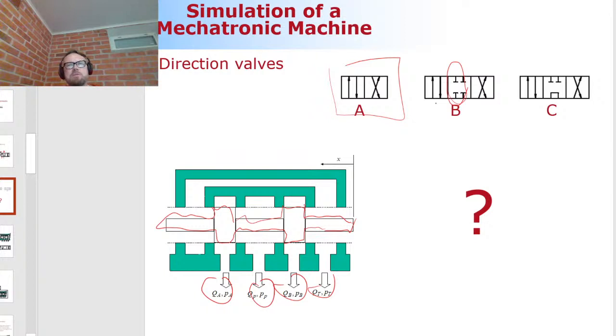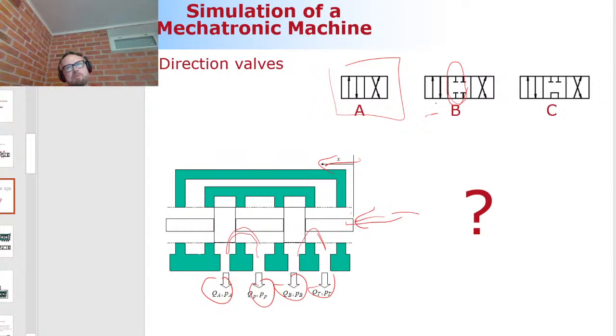And when I'm moving to this operation condition, meaning that I'm pushing my spool in the positive direction, then the pressure will be connected to A. Now I think that I need to take some of the drawings off to make this more clear. Okay, so when I'm pushing this in the positive direction, this is where the positive direction is measured, then P will be connected to port A. What happens here is that B will be connected to tank.